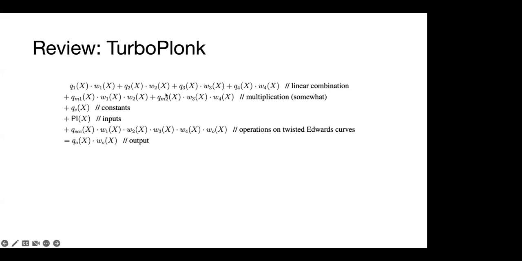We also have 2 multiplying selectors, so that you can either multiply the first and the second, or multiply the third and the fourth. You still have the constant, you have the public input, and we added a customized gate for elliptic curve, and that's an output.